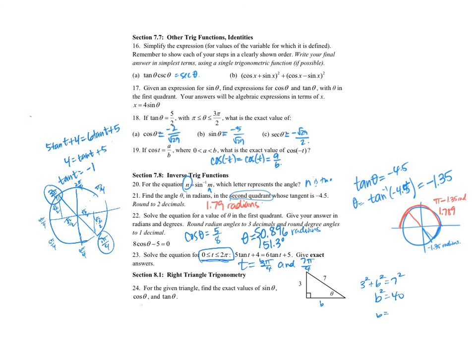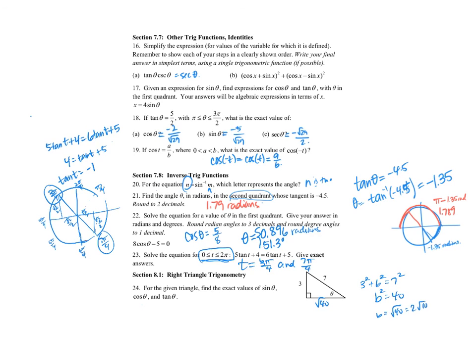So b is equal to square root of 40, which is 2 square roots of 10. You could write it as square root of 40 if you want, though. And so I'm going to go ahead and label that side there with that value, square root of 40.